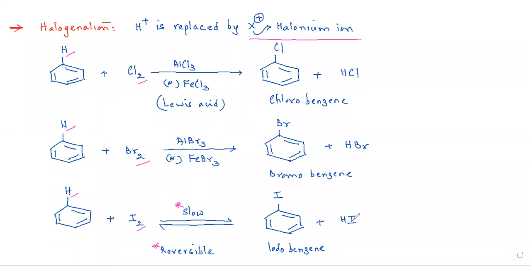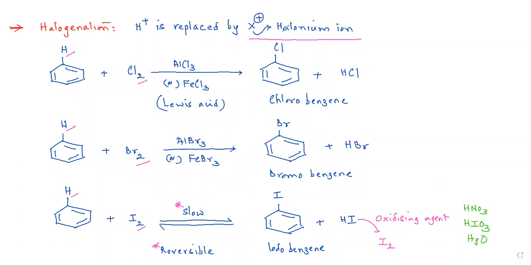Now, we know that this reaction is reversible and we need to prevent the backward reaction. See, for that sake, we use an oxidizing agent. Now, this oxidizing agent removes HI by oxidizing it into iodine. Now, what are the oxidizing agents regularly used? We have nitric acid, iodic acid, mercuric oxide.